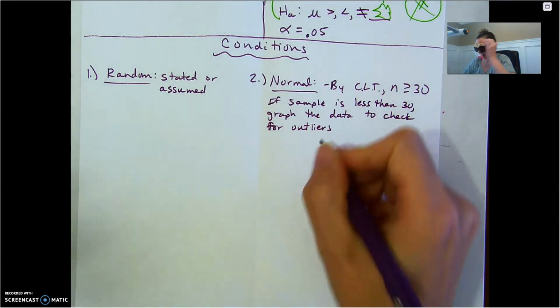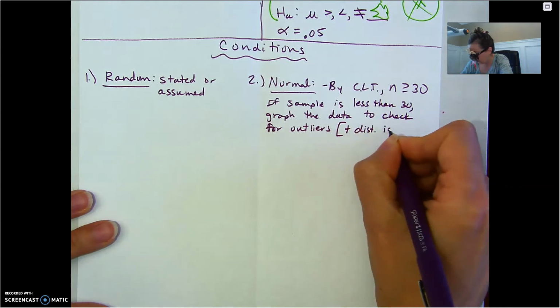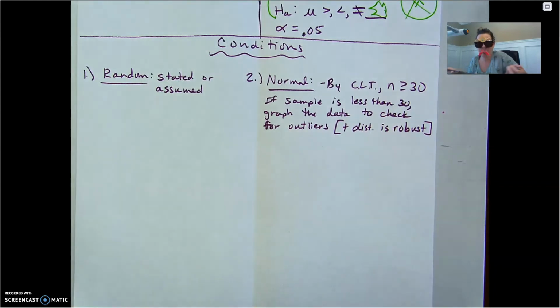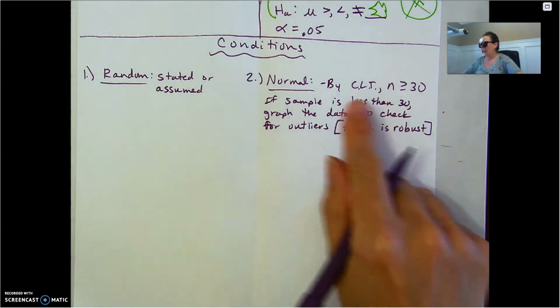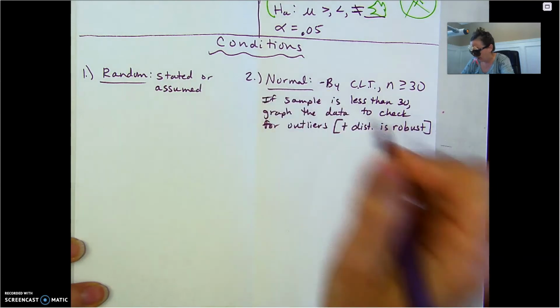All right, so I'm going to put in brackets here, T distribution is robust, which means it's okay if there's a little bit of a skew, but we don't want to see a big gap and then an outlier. So if our sample is not 30, graph the data, check it out to see if it's safe to proceed.